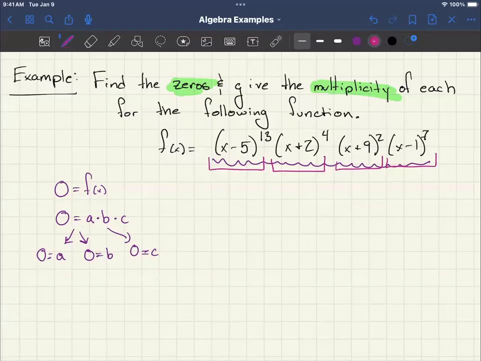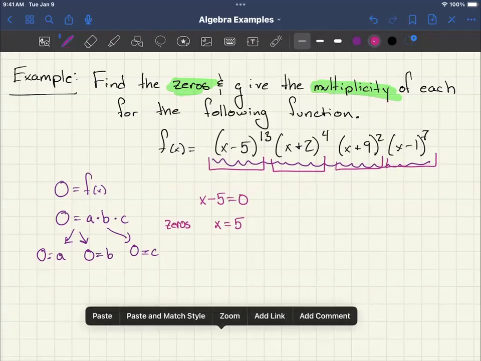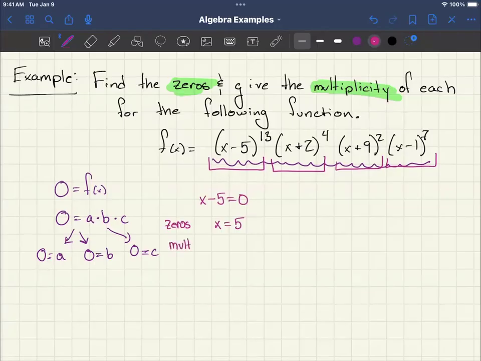We're going to take our first factor, x minus 5, and set that equal to 0. We solve, that gives us x is equal to 5. That is going to be our 0. And then we're going to have our multiplicities, which I'm going to just abbreviate, and I'm going to use the letter M. Your teacher may prefer you to do something different for multiplicities.